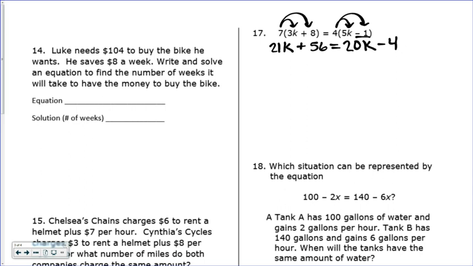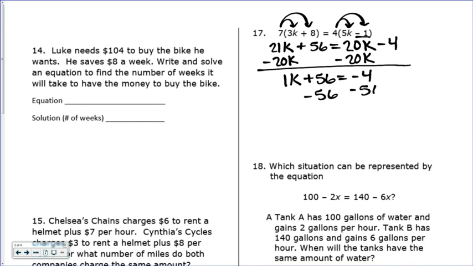Okay, solving from there, move your variables to one side. I'm going to subtract 20k from both sides. This leaves me with 1k plus 56 equals negative 4. Now I have to move all of my numbers to the other side of my equation, so subtract 56 from both sides.